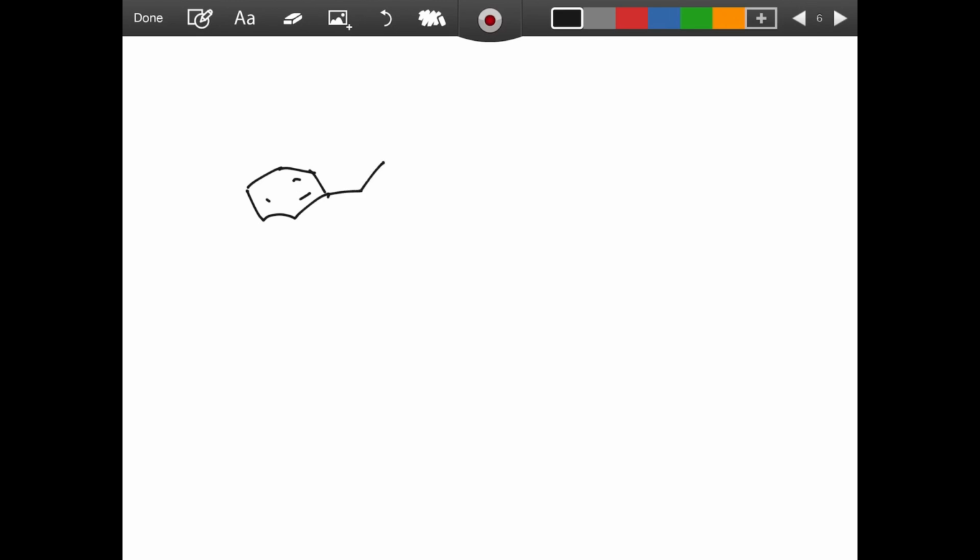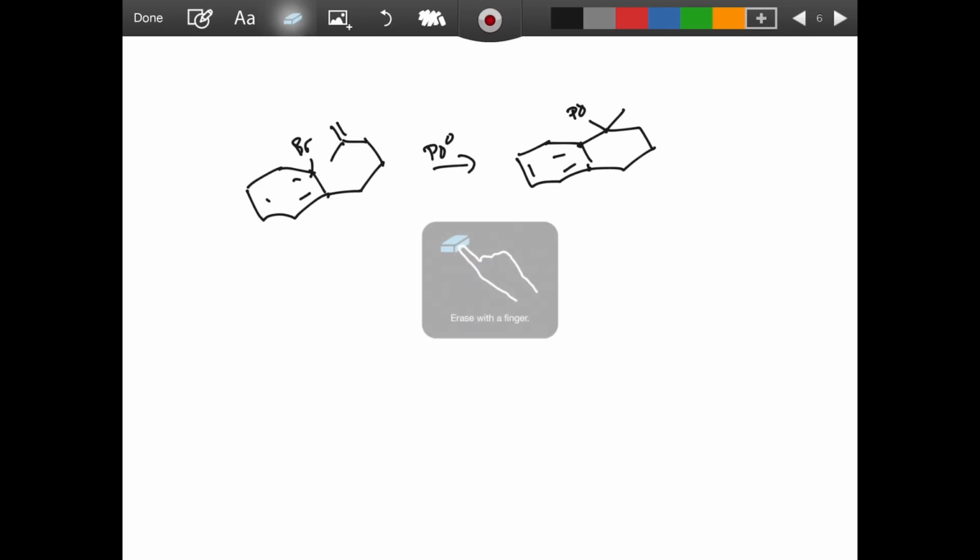But imagine you have something that looks like this, like a bromine or whatever, and you do a Heck reaction, right? So I make the product, maybe.